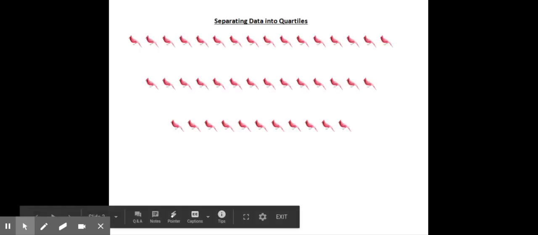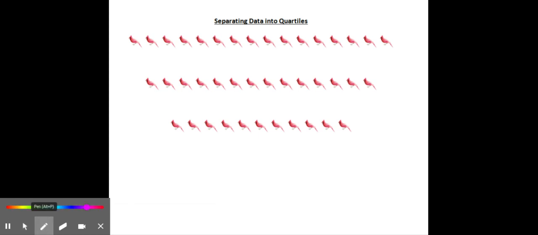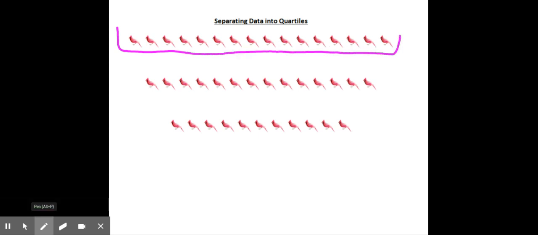So here are our birds. What we're going to do first is look at our first set of birds. In this set, we're going to look at the total amount of birds. How many are there? You have to count them. 1, 2, 3, 4, 5, 6, 7, 8, 9, 10, 11, 12, 13, 14, 15, 16.